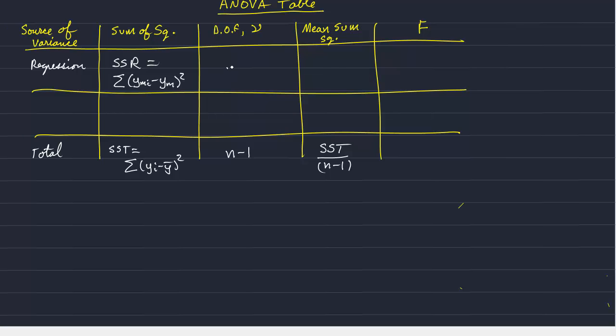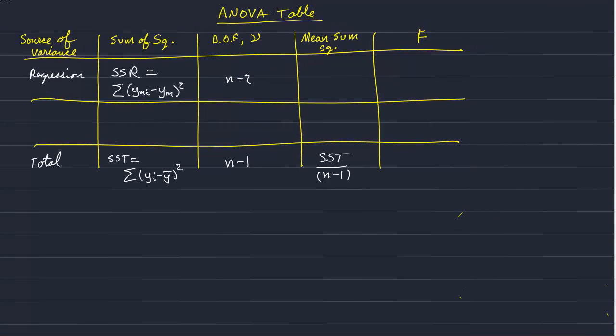The degrees of freedom were, sorry, not n minus 2, 1. And the mean is MSR, which is SSR divided by the degrees of freedom, which is just 1.